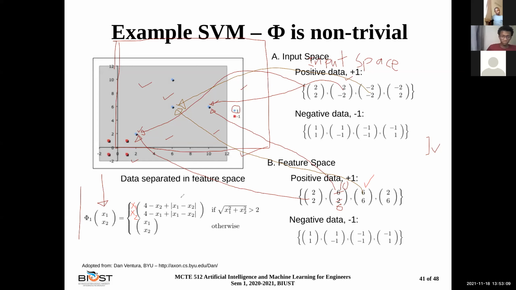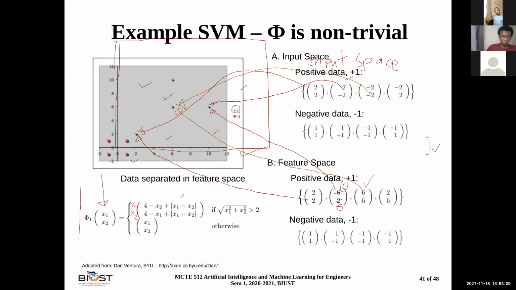Now we do alpha times the phi of the support vector, multiplied by support vector 1, and then alpha 2 times support vector 2, times support vector 1. The only difference here is that you apply the phi function to the support vectors.